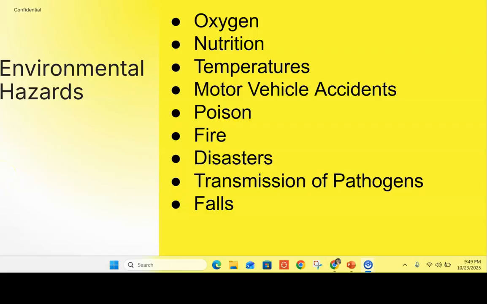Motor vehicle accidents. We have to remember to teach and educate about seatbelts or proper car seats, airbag use, helmets if they're on motorcycles, and accident prevention systems. You also have to look at age-related factors for motor vehicle accidents.